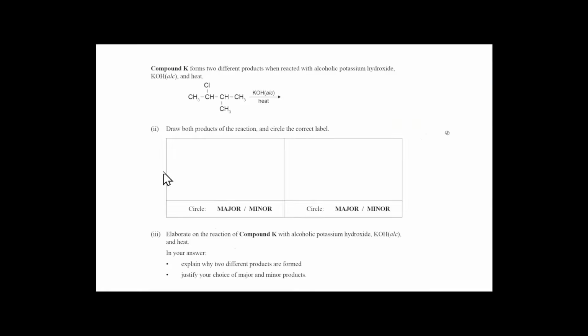Next, we're told that compound K forms 2 different products when reacted with alcoholic potassium hydroxide, KOH, and heat. So it doesn't give us the end of this equation. So draw both products of the reaction and circle the correct label.